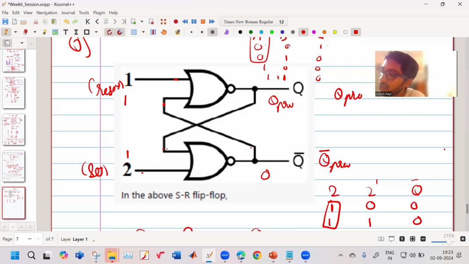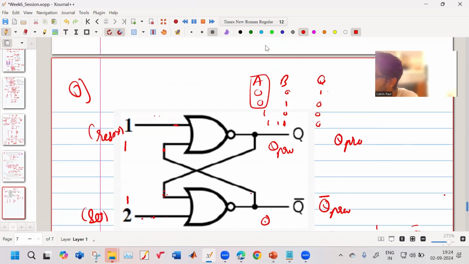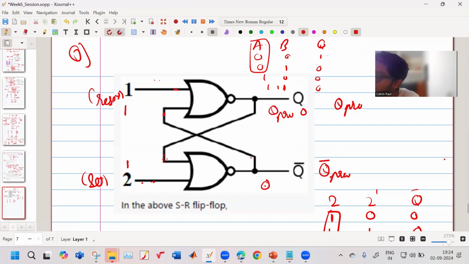Because here 1 is there and some Q previous is there. NOR of 1 with anything becomes 0. Now this 0 NOR 1 will again be 0, and 0 NOR 1 will again be 0.